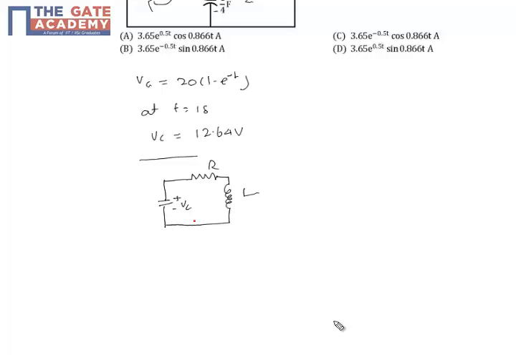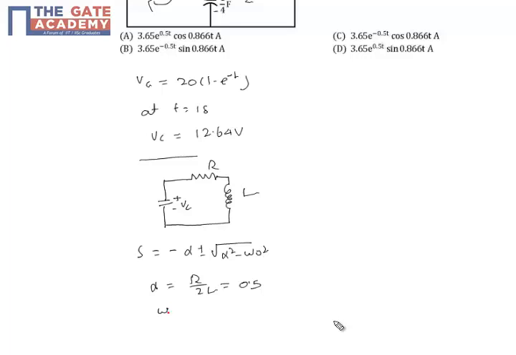Now since this is a series RLC circuit, I will first find the poles of the circuit. S is equal to minus alpha plus or minus root of alpha square minus omega naught square, where for a series RLC circuit alpha is equal to R by 2L, so that will be equal to 0.5.